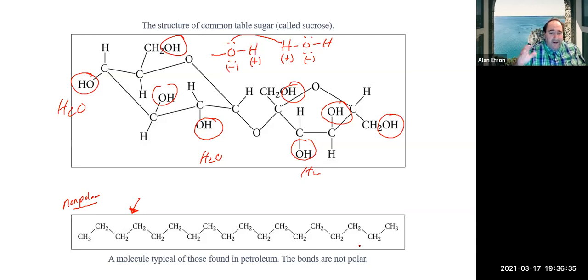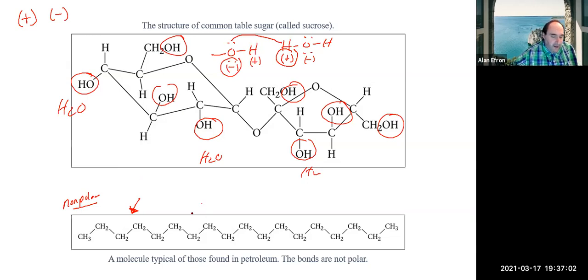All interactions that occur between one type of molecule and another when they come together are based off of a very simple concept: opposites attract. Just like we see here, a negative side is attracted to a positive side. All interactions when molecules get together occur that way.